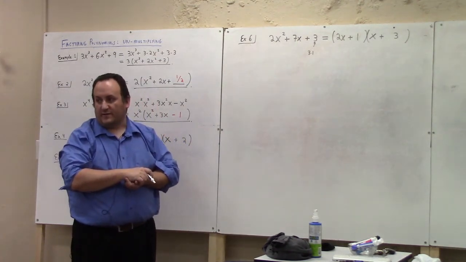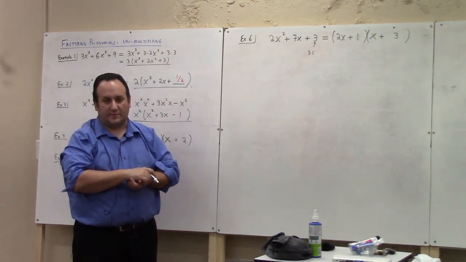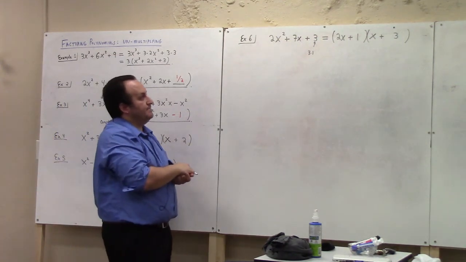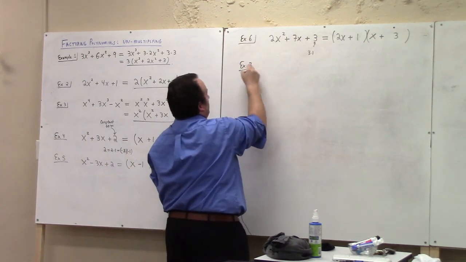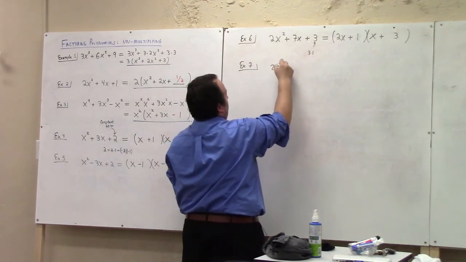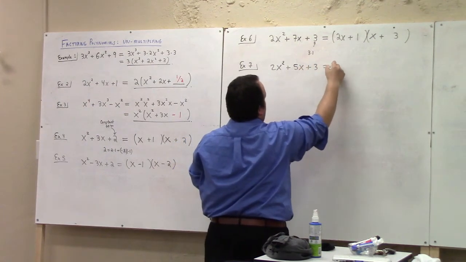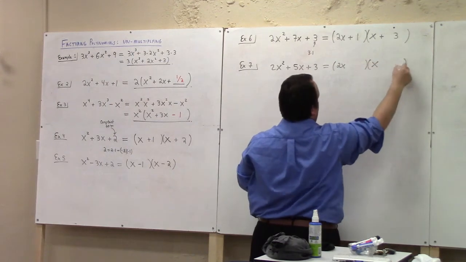So trial and error is definitely part of how I do this in my head, for sure. I try something, I think through it, and I go, oh, wait a minute, that doesn't work. Adjust it a little bit, you know? But see, if I had 2x squared plus 5x plus 3, from what we just talked through, you kind of see what we're going to do, right?